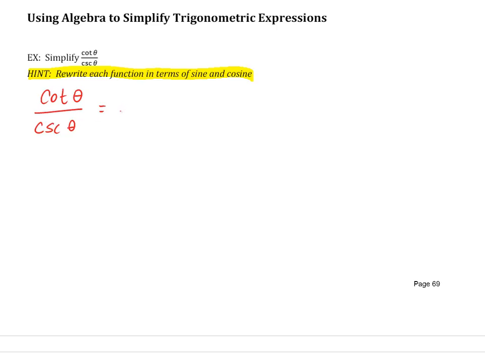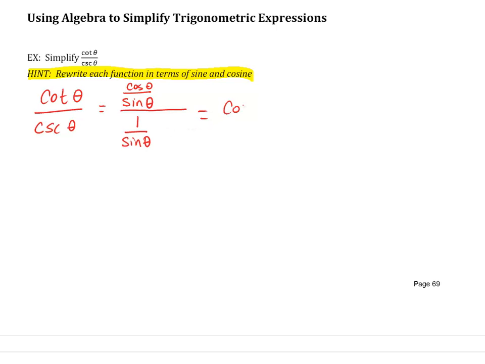For example, we know that cotangent of theta is cosine of theta divided by sine of theta, whereas cosecant of theta is 1 divided by the sine of theta. Now we've got a fraction divided by a fraction. We remember from our algebra that to divide fractions is to invert the denominator and multiply.